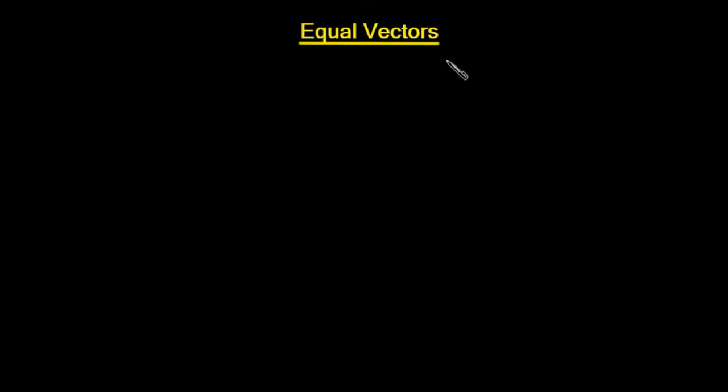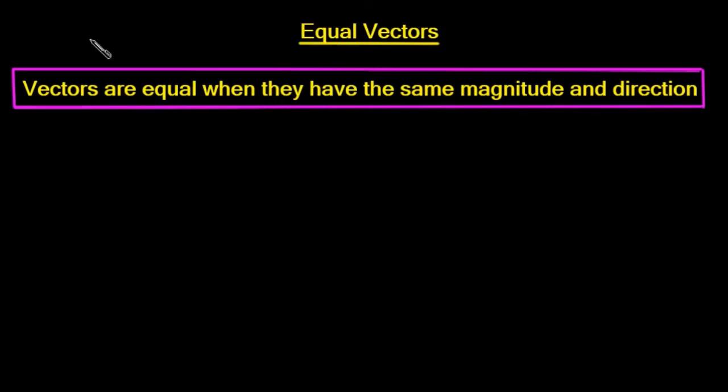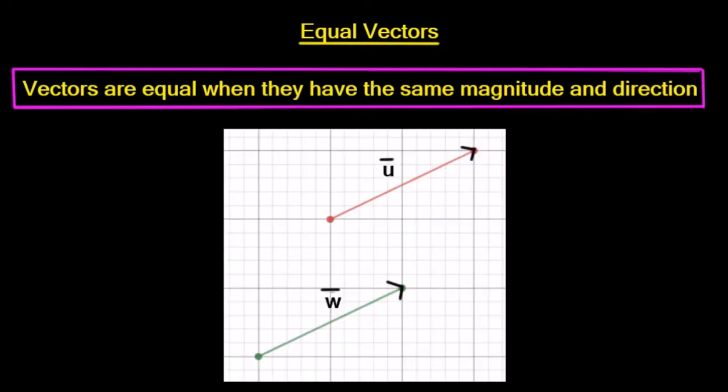The last thing we're going to look at in this video is when vectors are equal. Well, it's hardly surprising that we can say that vectors are equal when they have got the same magnitude and direction. So we have got two vectors here, vector u and vector w. Now the vectors sit at different physical positions.